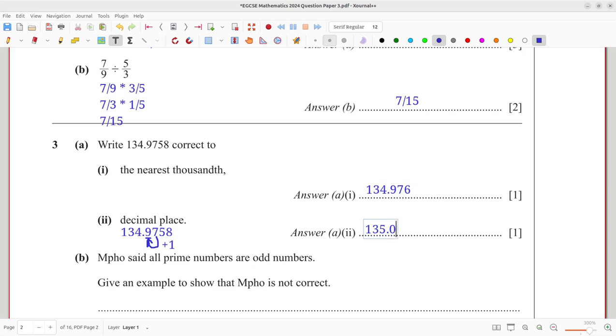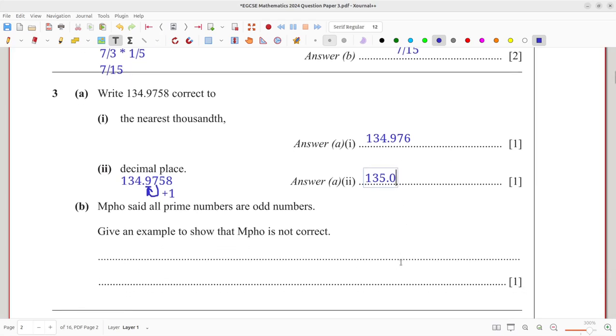And then there is this temptation to say 0 is actually nothing, so you might be tempted to leave it. Once you leave the 0, just know you've rounded it off to the nearest whole number. So this is the correct one for the nearest 1 decimal place.